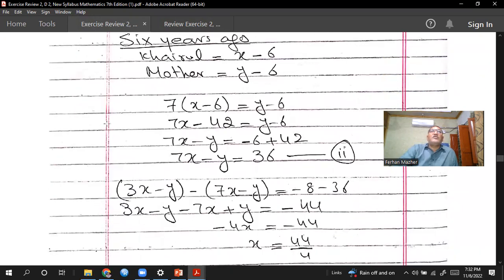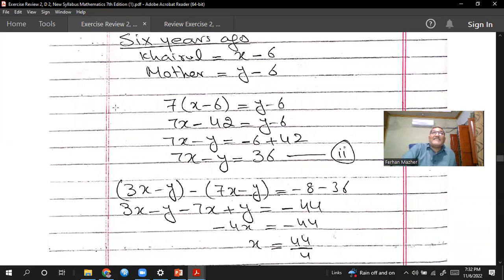So 6 years ago, Carol was X minus 6 and the mother was Y minus 6. The mother's age was 7 times Carol's age at that time. So 7 bracket X minus 6 bracket close equals Y minus 6. So 7X minus 42 equals Y minus 6. 7X minus Y equals minus 6 plus 42. 7X minus Y equals 36. So that is my second equation.